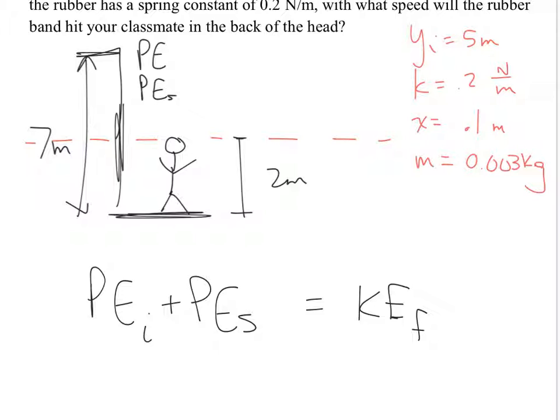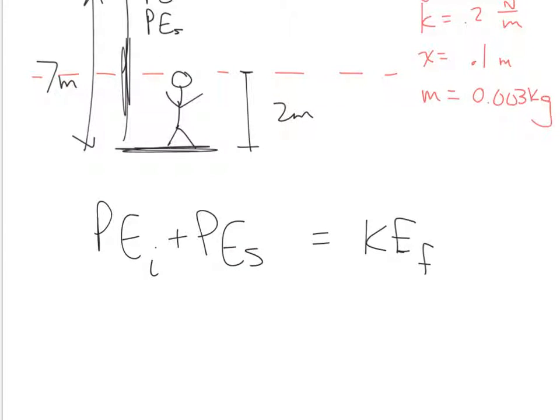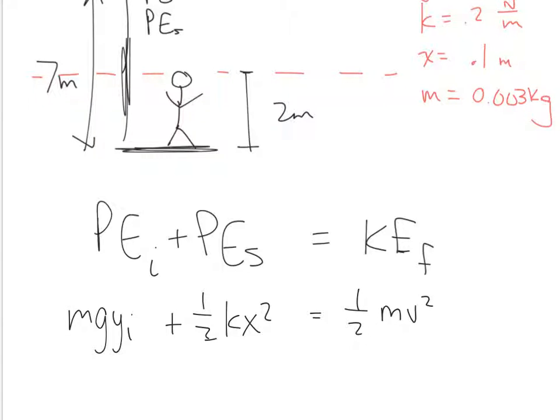If the person's head is ground level, then it must have 0 potential energy at the end of this problem. Potential energy to start with is always mgyi. Energy in a spring is always 1/2 kx squared. Kinetic energy is always 1/2 mv squared.